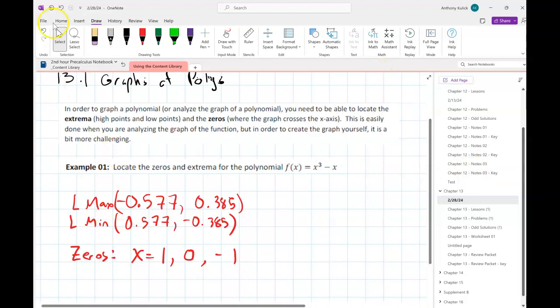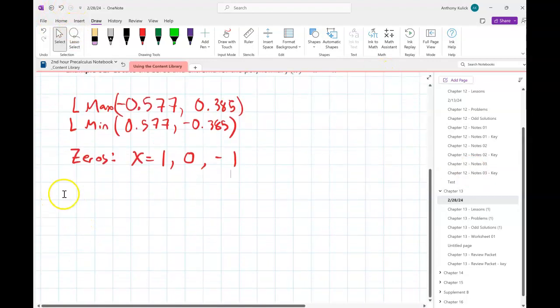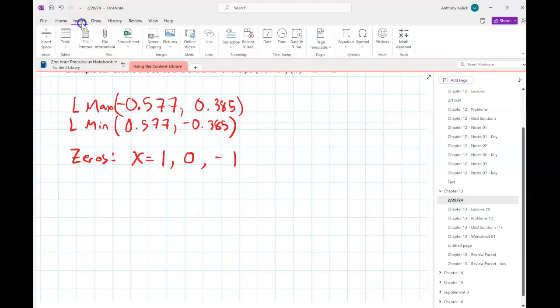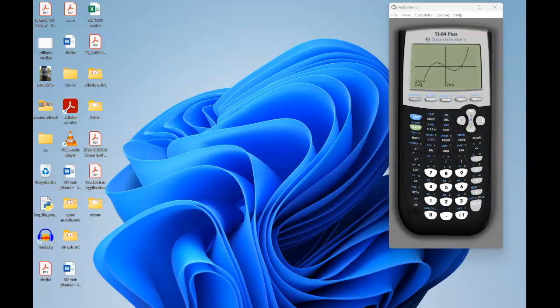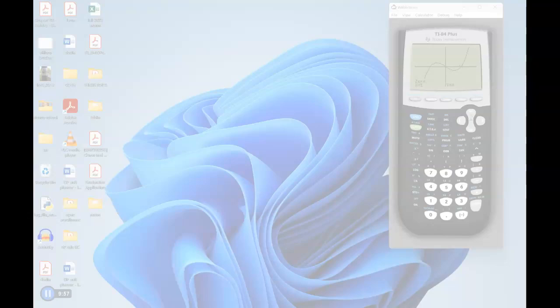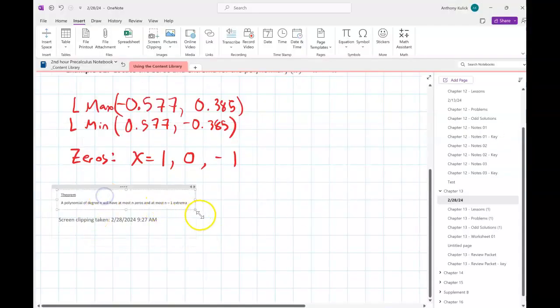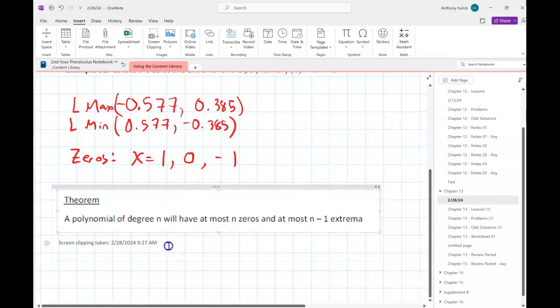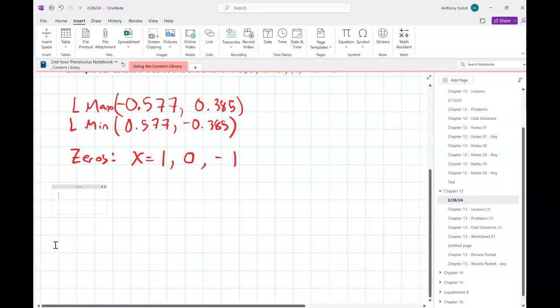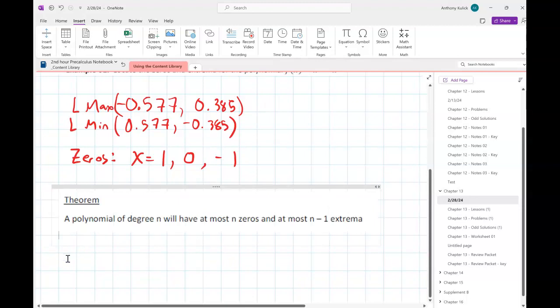So one thing that we're going to be interested in is being able to predict how many of these extrema or zeros we can have. So there's a theorem here that gives us an upper bound on how many extrema and zeros we can have. The theorem says a polynomial of degree n will have at most n zeros and at most n minus 1 extrema.